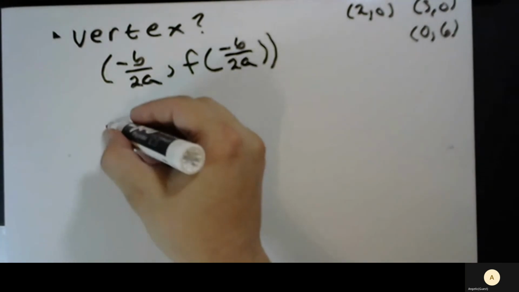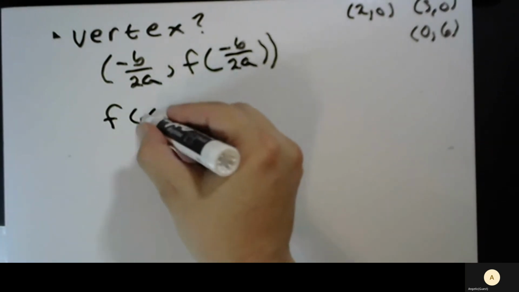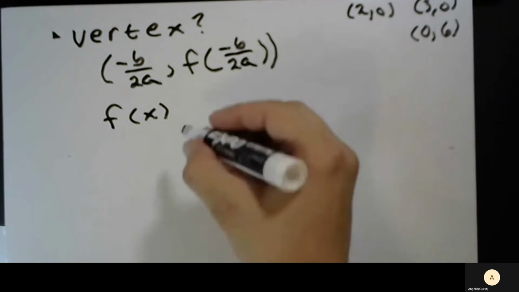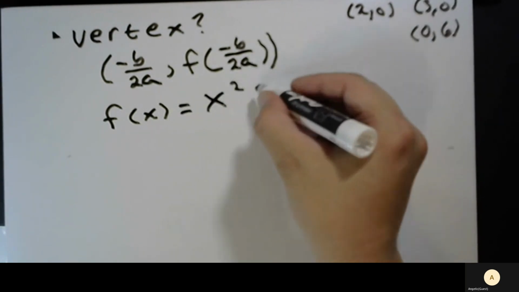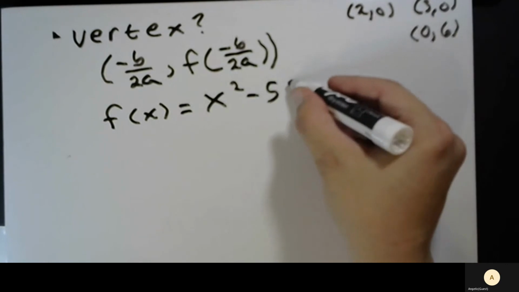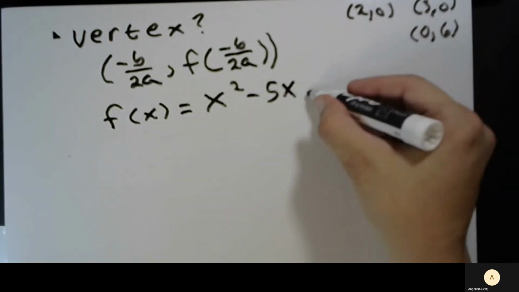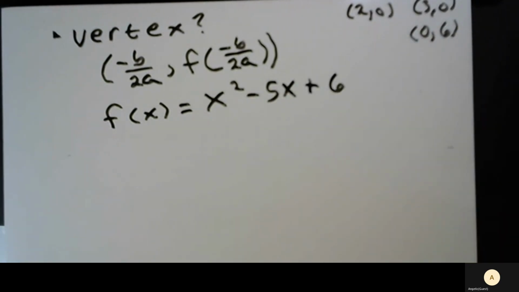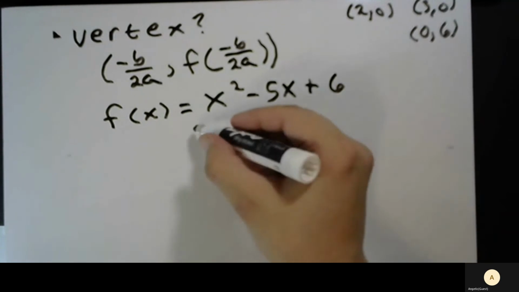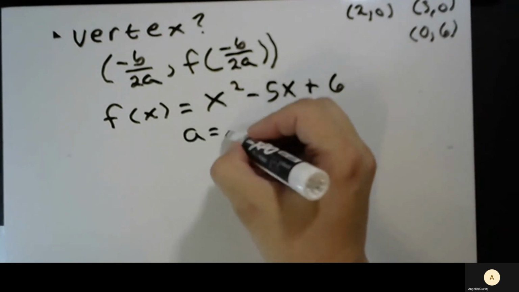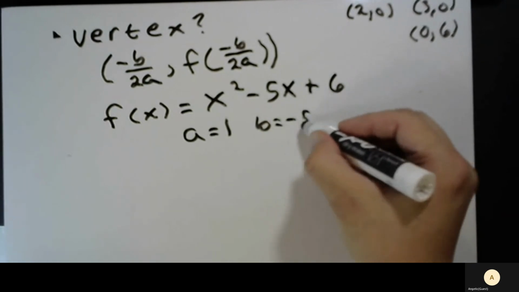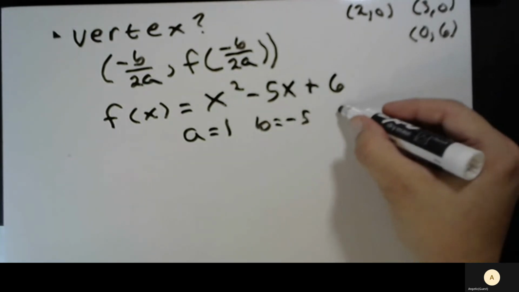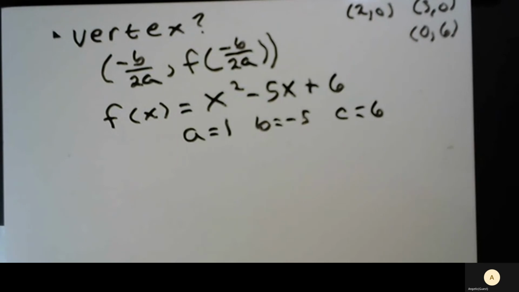So for this one, I'm going to write the quadratic using f of x instead of y. It's going to be x squared minus 5x plus 6. So in this, a is 1, b is negative 5, c is going to be 6.